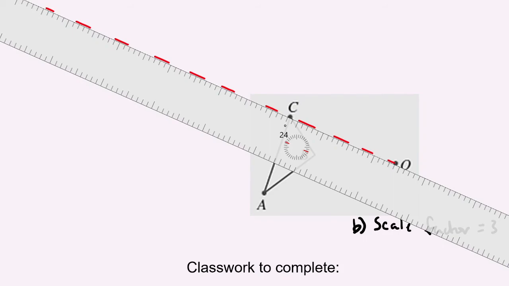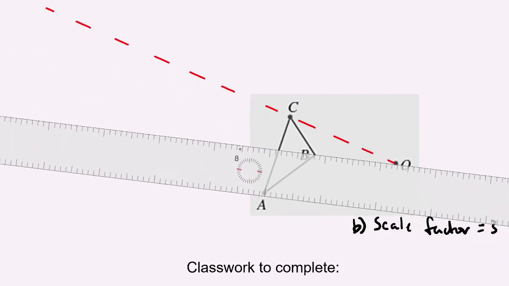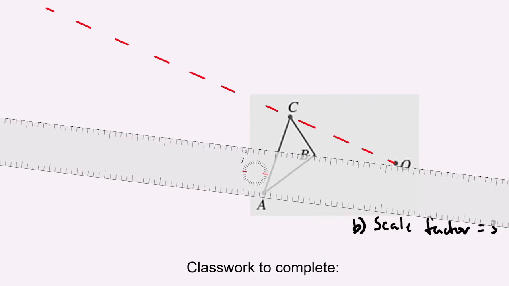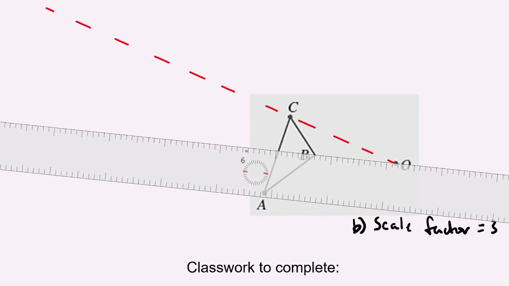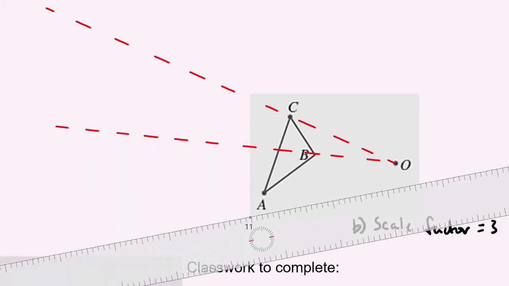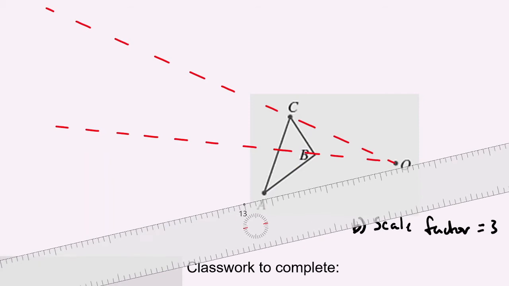I'm going to do that same for B, and then for A. So this red line will be a guide, and we do the same for A.